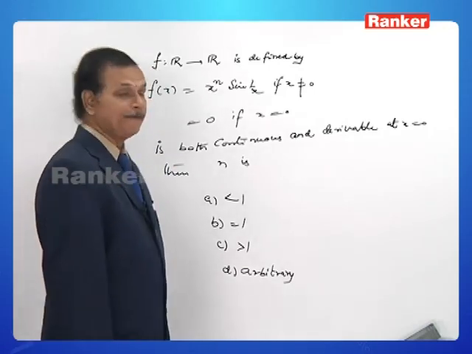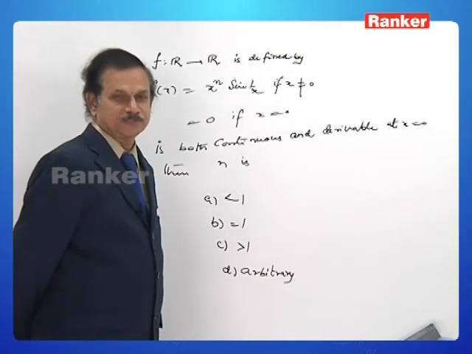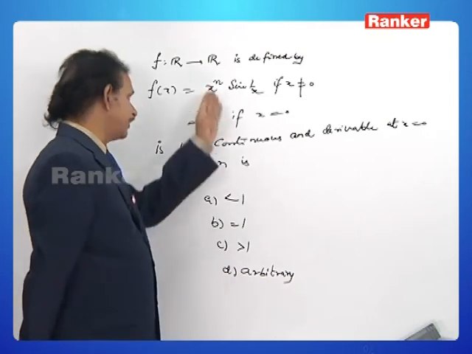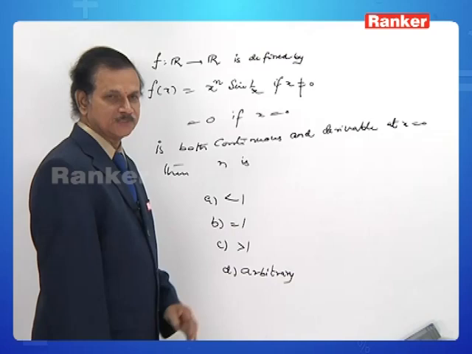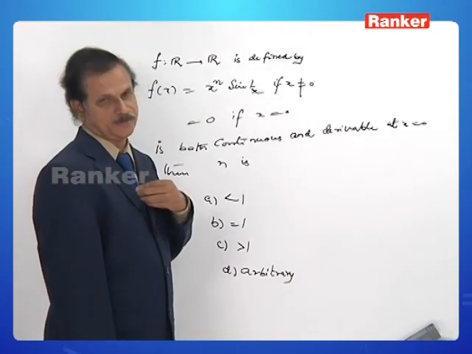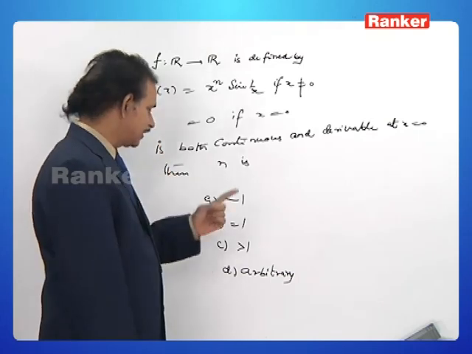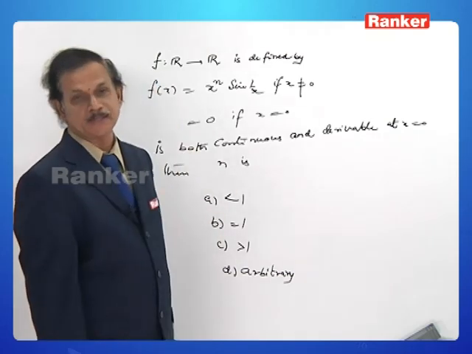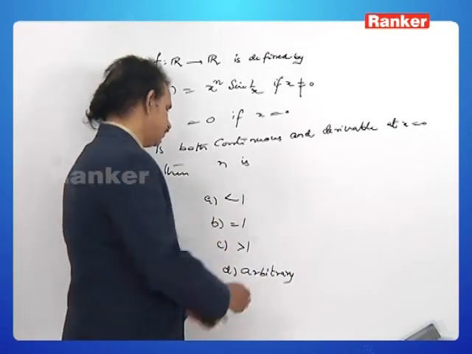Arbitrary means whatever value you can have. Right, you see, if n is 1, then the limit exists, it is continuous. If n is greater than 1, then only one x will be cancelled, one x will remain in the numerator, isn't it? It is possible when n is greater than 1 only. Then only it is correct.